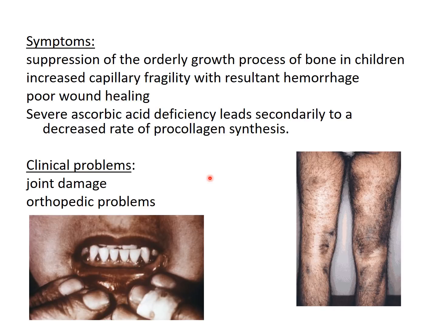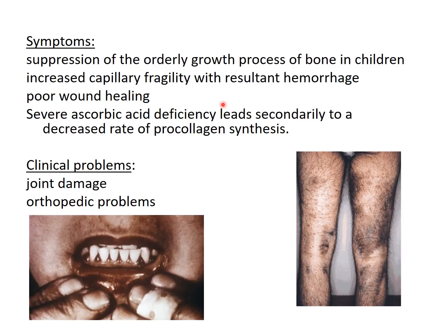vitamin C is not supplied, then it can be a problem with the normal growth process of the bone. Of course, the other collagens will also be affected. So increased capillary fragility, hemorrhage, poor wound healing on top of retarded growth.